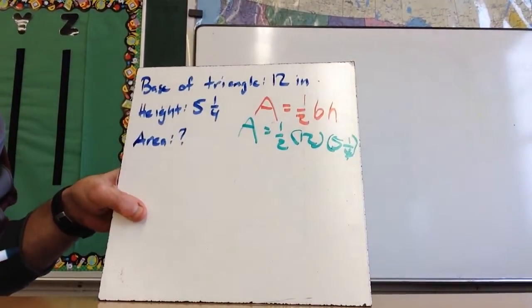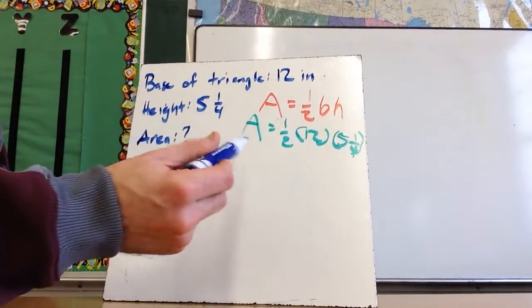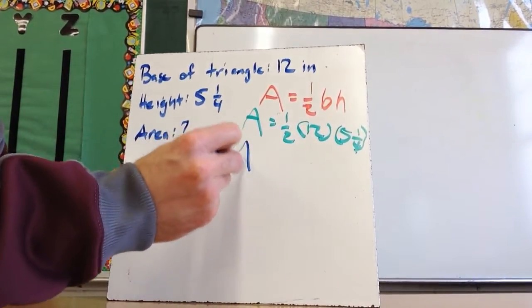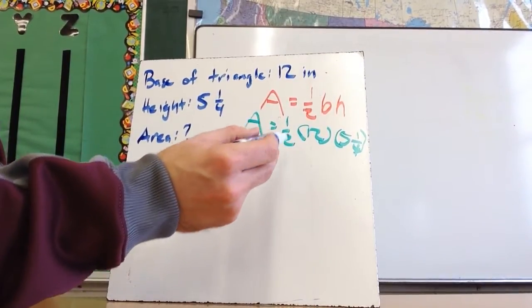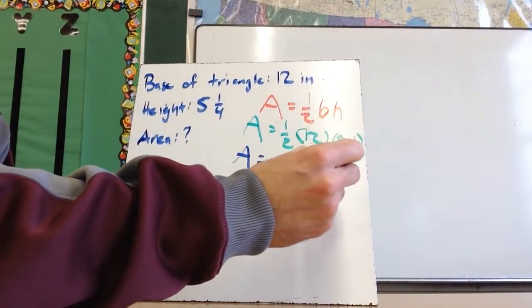I can multiply these in any order, but going from left to right actually makes the most sense. I know that 1/2 times 12 is 6, so 6 times 5 1/4.